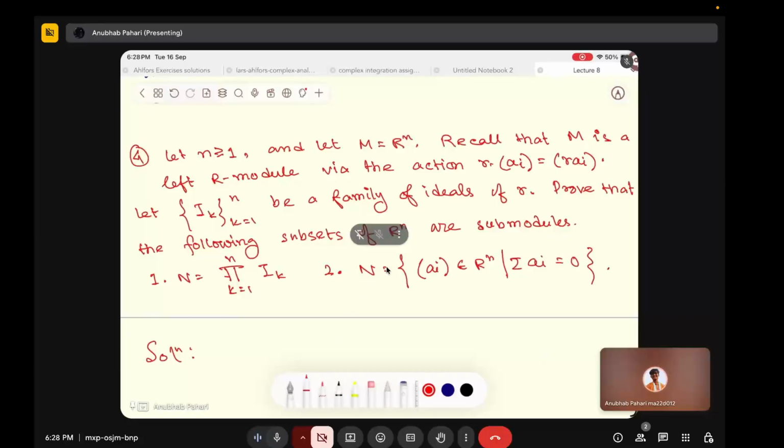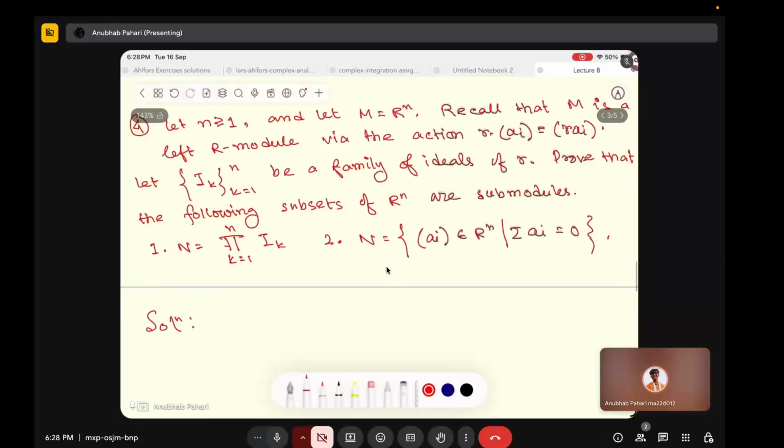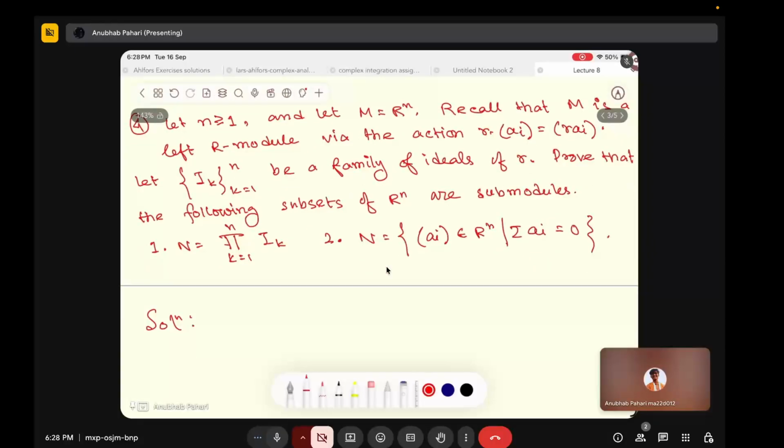So okay, let us do the solution now. So we will use the submodule criterion. Let us write it.